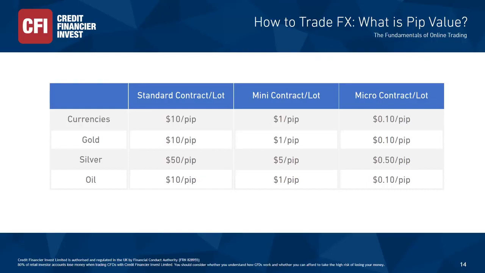Especially since later in this webinar, we will explain one of the types of orders that will protect you from losing more money. You have to set it a number of pips from the current price, whether it's 10 pips, 20 pips, or 100 pips. That would be either $100 or $1,000. So again, it's very important that you memorize this, since it's fundamental for trading Forex and CFDs overall.